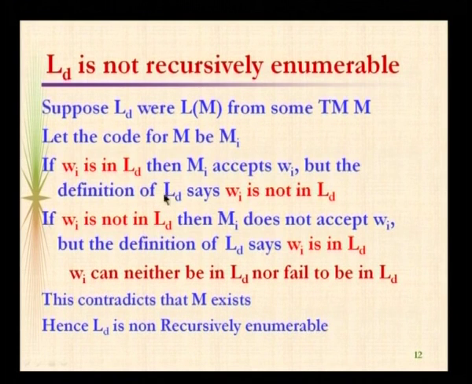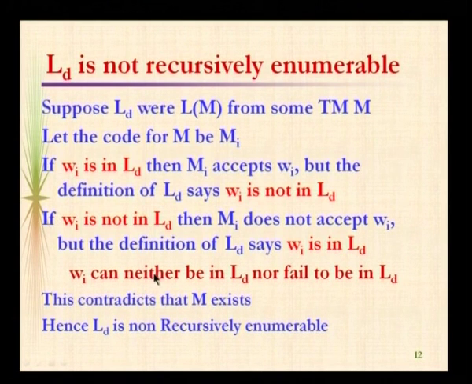So we have two cases: what happens if Wi is in LD, and what happens if Wi is not in LD. If Wi is in LD, then we conclude that Wi is not in LD, which is a contradiction, and if Wi is not in LD, then we conclude that Wi is in LD.